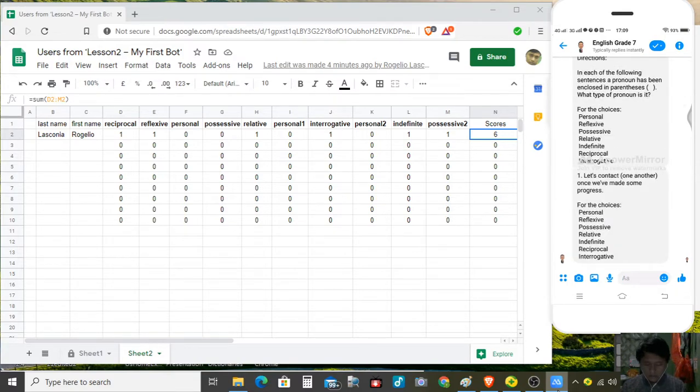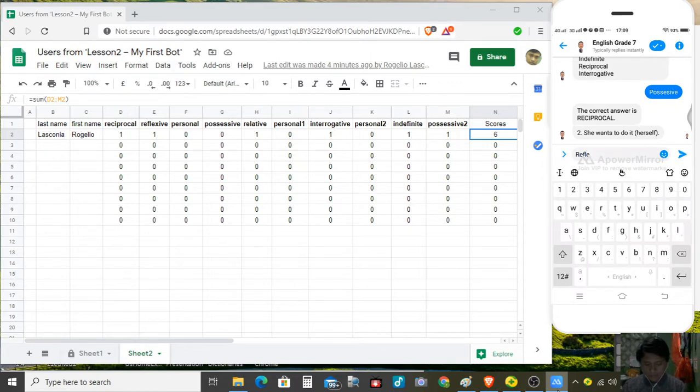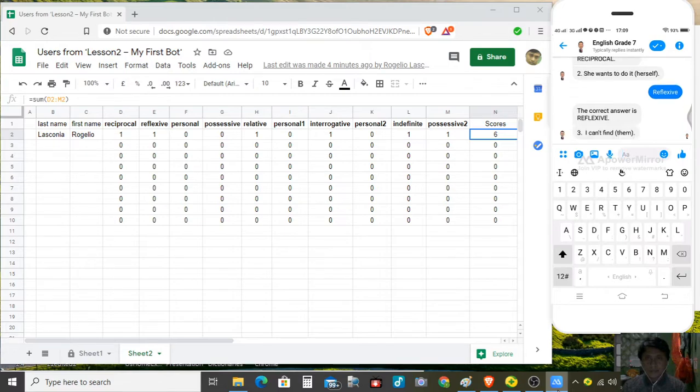So we will try another quiz. Sample only: possessive, advanced reciprocal, reflexive, another one we have personal.